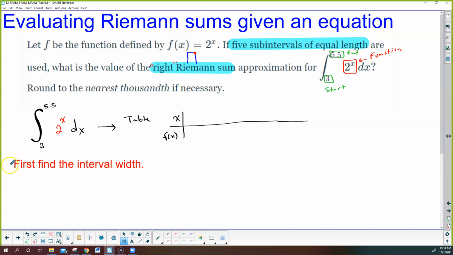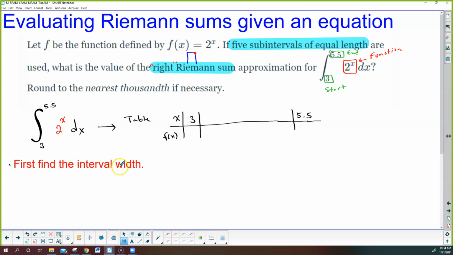Well, that's the first thing I need to do, is figure out what am I going to go by? If I have a start at 3, and then I have the end at 5.5, and I want 5 equal intervals. And my calculator will help me generate a lot of this, which is really helpful.